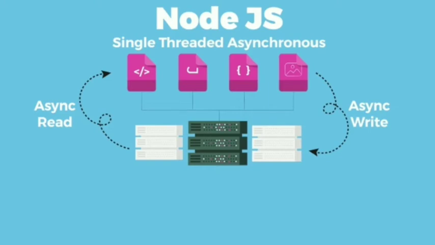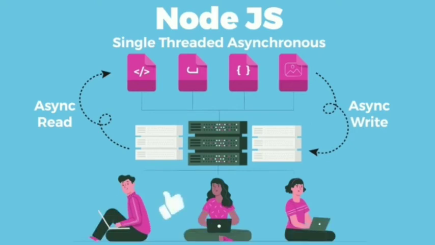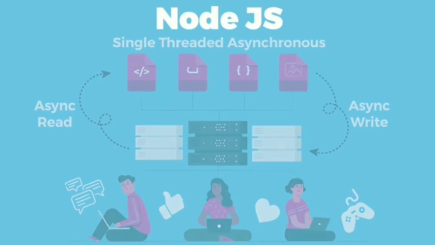A non-blocking model is best suited when you have a lot of read and write work. So if you plan to build any social media website like Facebook, Instagram, or Twitter, your website has a lot of read and write work. If you want to create a chat application, it does a lot of read and write work. If you want to build applications like online gaming, it is again read and write work.